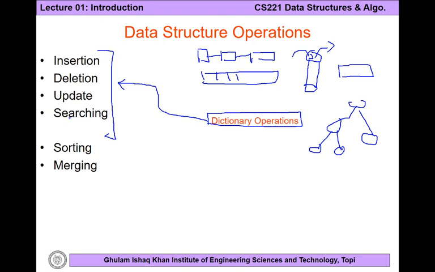But again, the basic purpose of data structures and algorithms is to make sure that these dictionary operations perform well on the data structure. Again, there are other operations like sorting and merging, but these are not among the dictionary operations because they are not very commonly used on various data.